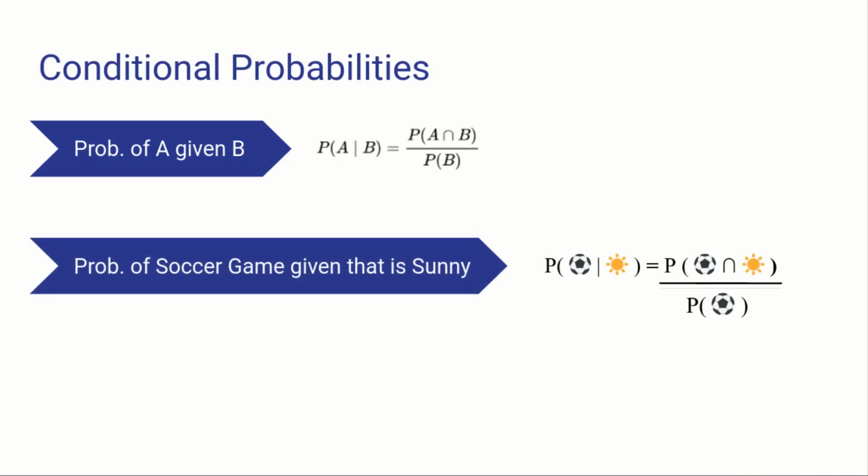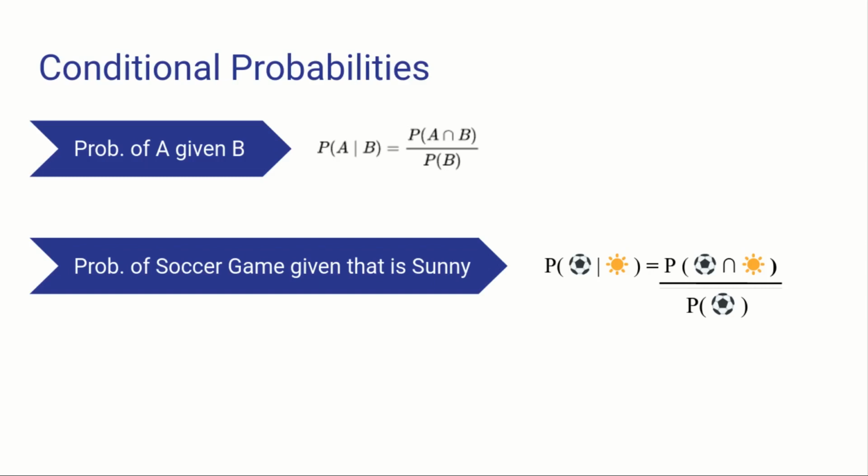It's way easier to understand with an example. Let's imagine you have a football field nearby your house and you realize that the weather conditions are somehow related to the probability of having a game in that soccer field or not. So we can calculate the probability of a game happening given that it is a sunny day using the aforementioned formula.